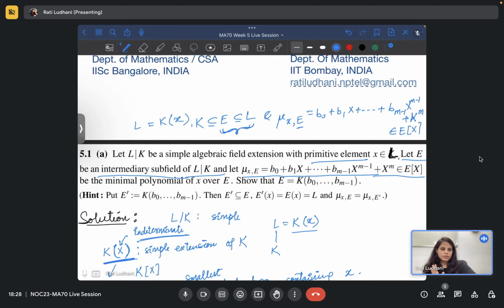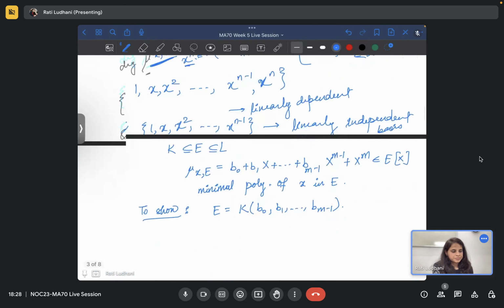This is the minimal polynomial of x over E. Now show that this E is exactly equal to K with these elements attached. So we have to show this, which does not seem clear, of course. I don't see it directly at least.